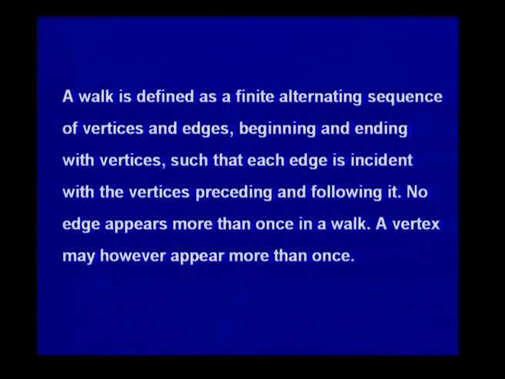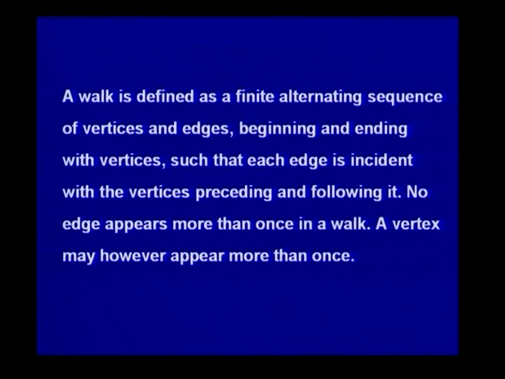Walk is defined as a finite alternating sequence of vertices and edges beginning and ending with vertices such that each edge is incident with the vertices preceding and following it. No edge appears more than once in a walk. A vertex may, however, appear more than once.